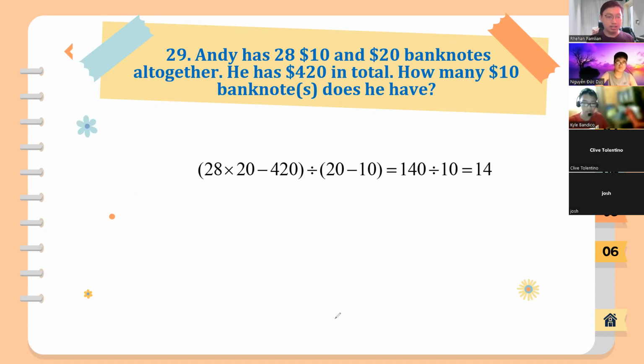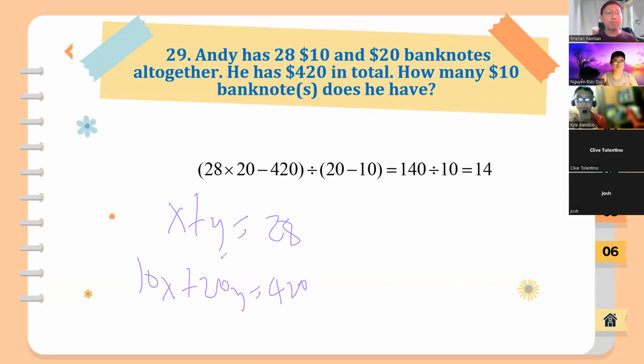So again, X plus Y here is going to be 28. Then 10X plus 20Y is going to be 420. So by method of elimination, we want to get the number of $10 banknotes. So we multiply this by 20. That is to get rid of the $20 banknotes, correct?